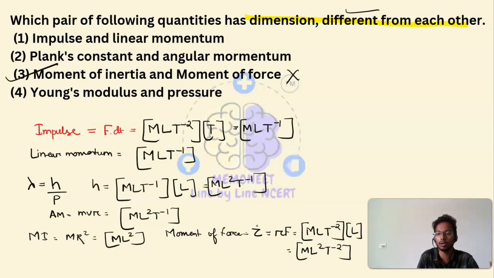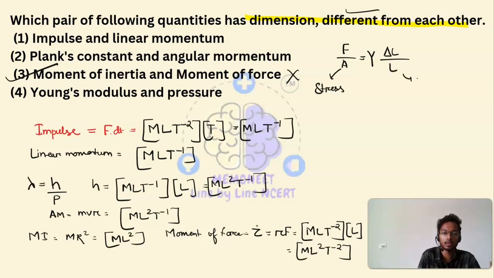So let's consider the fourth option, that is Young's modulus. We have f upon a, that is equal to Young's modulus into del L upon L. So this is stress and this is strain.